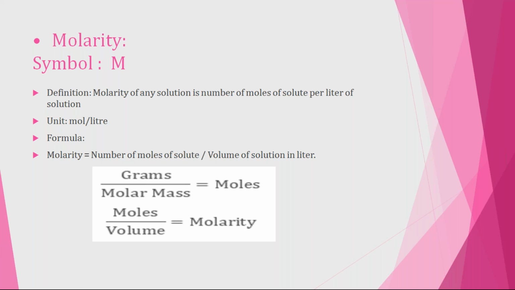It is the number of moles of solute present in 1 liter of solution. Unit is moles per liter. Molarity is equal to number of moles of solute divided by volume of solution in liters, so moles divided by liters of solution gives M.